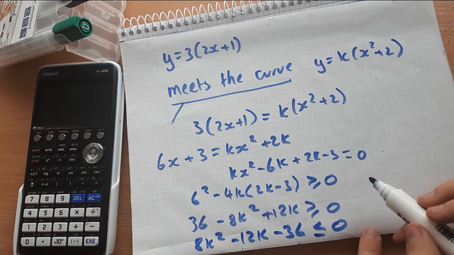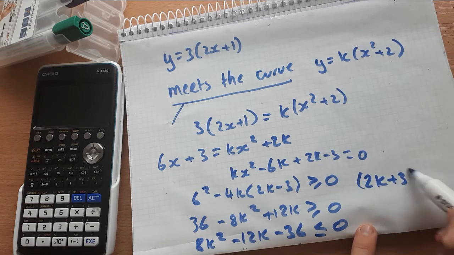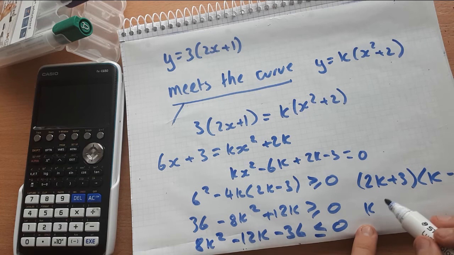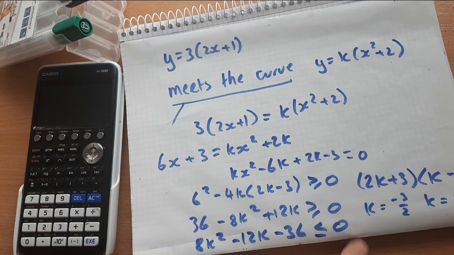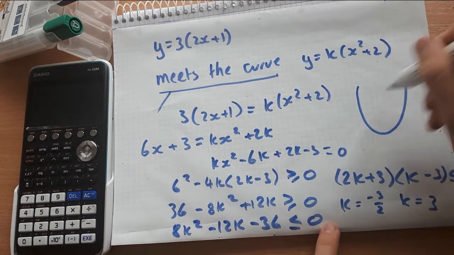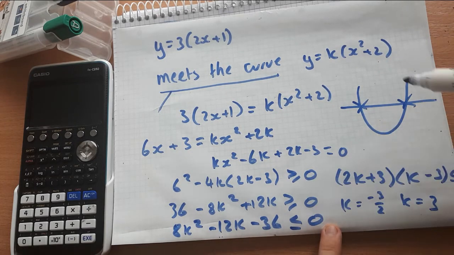Whenever you factorize, you get (2k plus 3)(k minus 3) is less than or equal to 0. So you get k equals minus 3 over 2 and k equals 3. Now whenever we draw our graph, we know that it's to be less than or equal to 0.